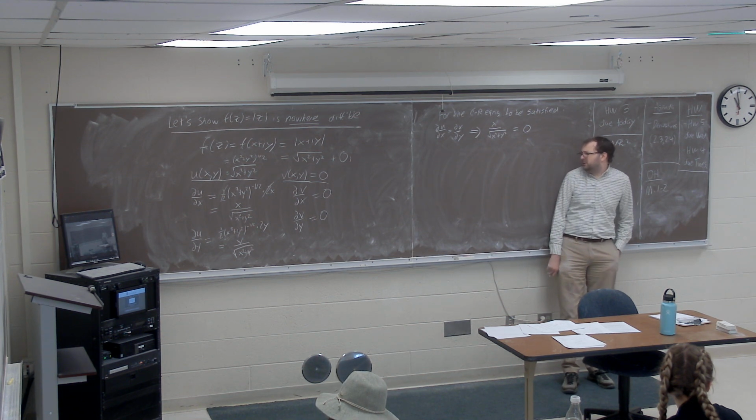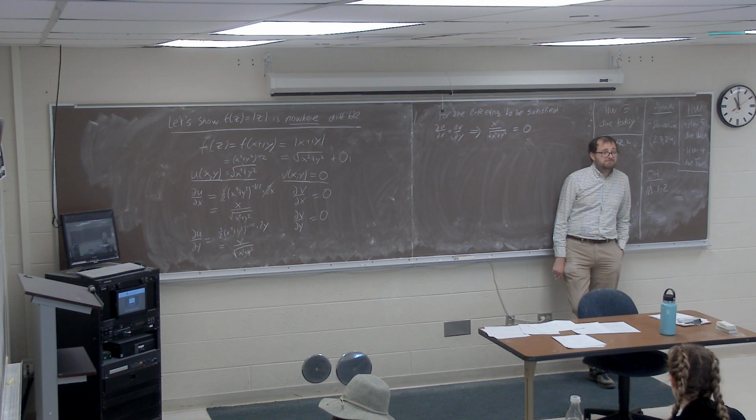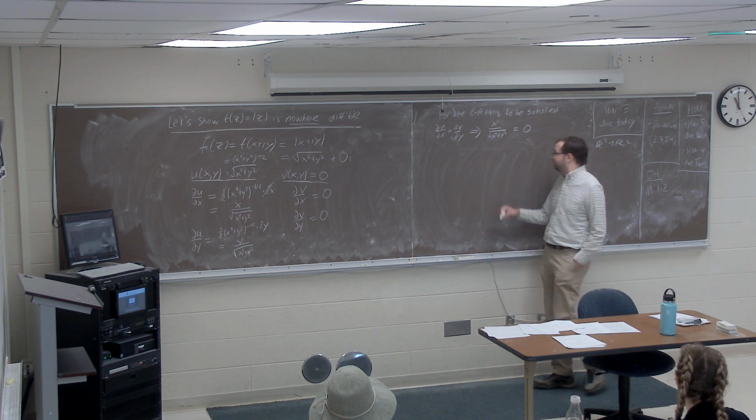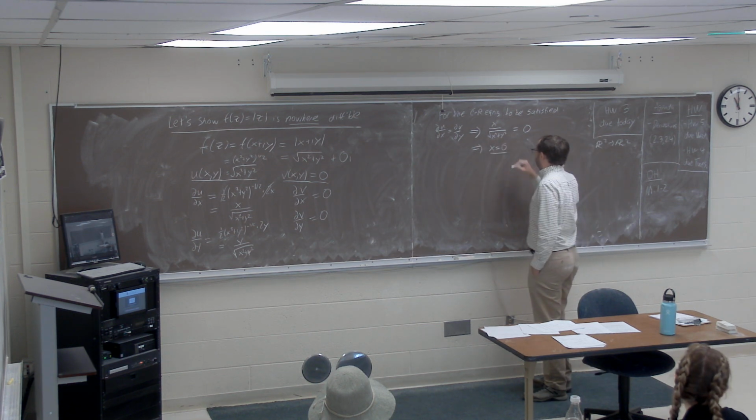So if x over square root of x squared plus y squared is equal to 0, what does that tell us about x and or y? X has to be 0. And y? Does it have to be 0, or what about y? Does this tell us anything about y? It can't be 0. Does it have to be? If x is 0, then you don't want y to be 0 because you would get undefined.